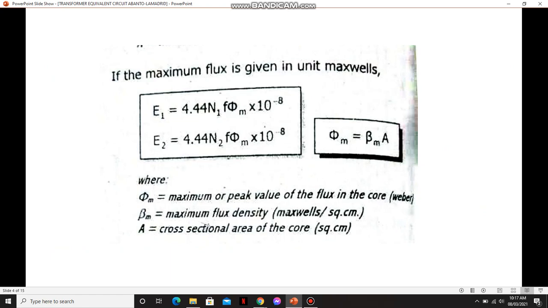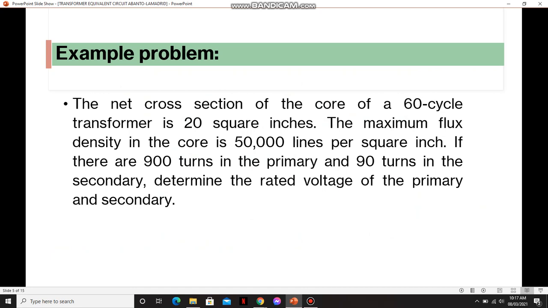And this formula as well, we also encountered, but we will use this formula if the maximum flux is given in the unit of Maxwell. We have an example problem. The net cross-section of the core of a transformer is 20 square inches.